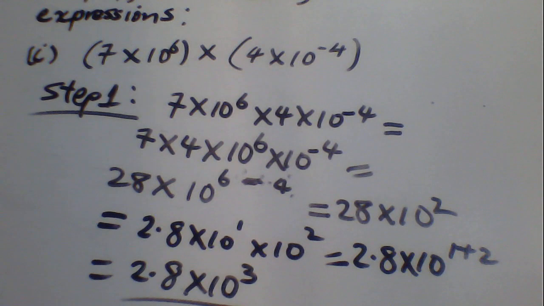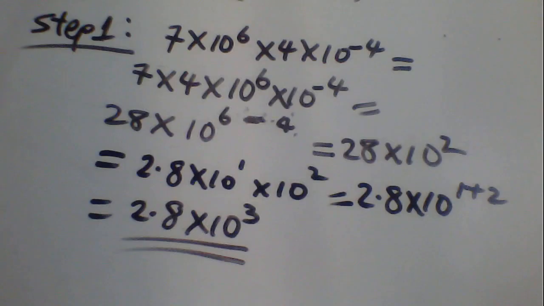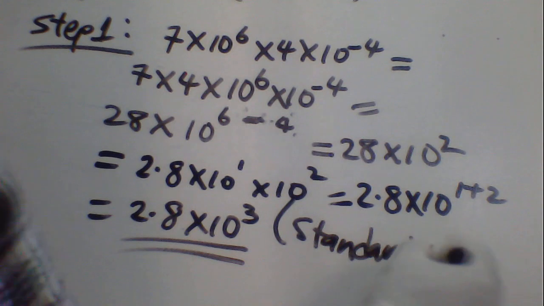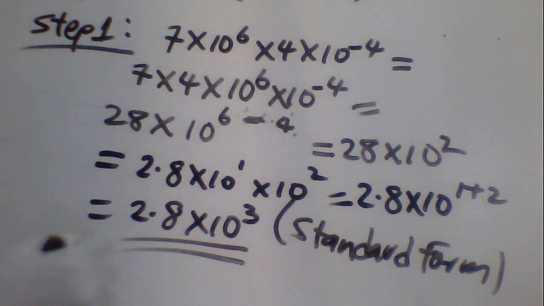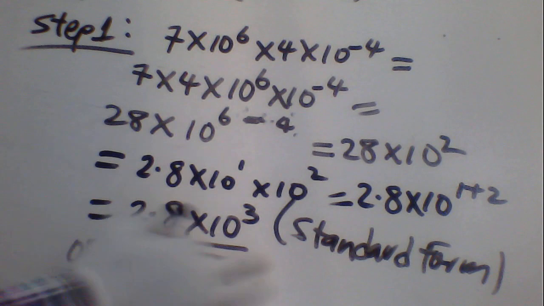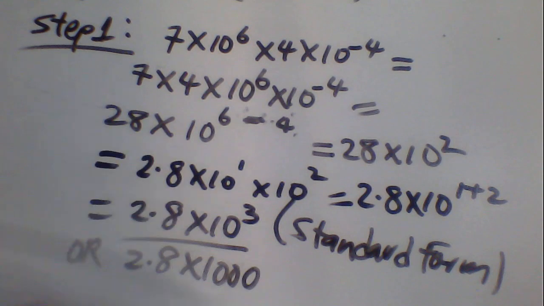So this is the answer in the standard form, or you have to leave your answer in the expanded form. To do that, you have 2.8 times 1000, because the power is 3.